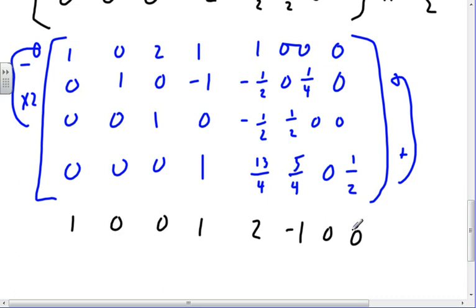And I'm going to add. 0, 1, 0, 0. 13 quarters minus 2 quarters is minus 11 quarters. 5 quarters. 1 quarter. 1/2.